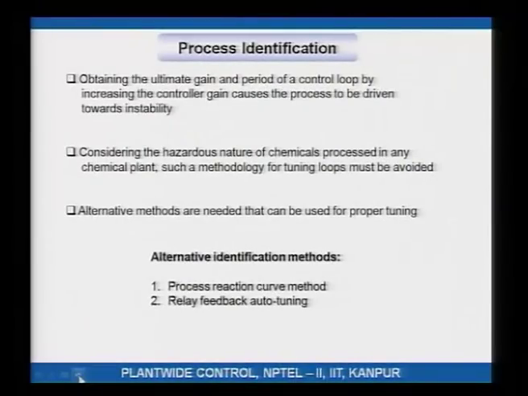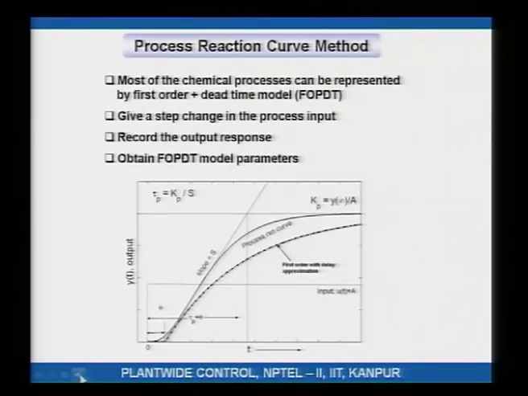So, therefore, alternative methods are needed which can be used for proper tuning of our PID controllers. Two common ones are the process reaction curve method and the relay feedback auto tuning method, and we are just going to go over these two methods in the next few slides.